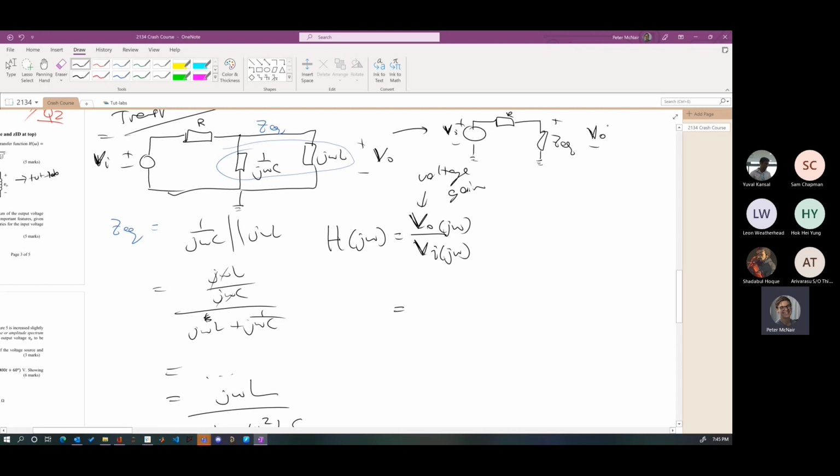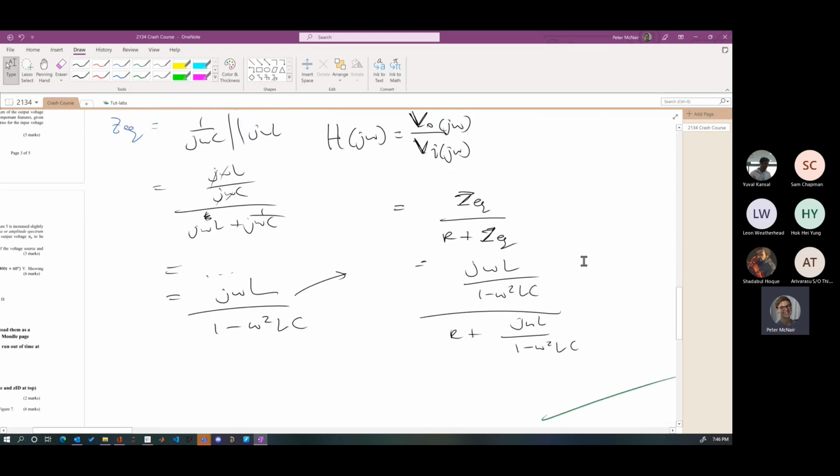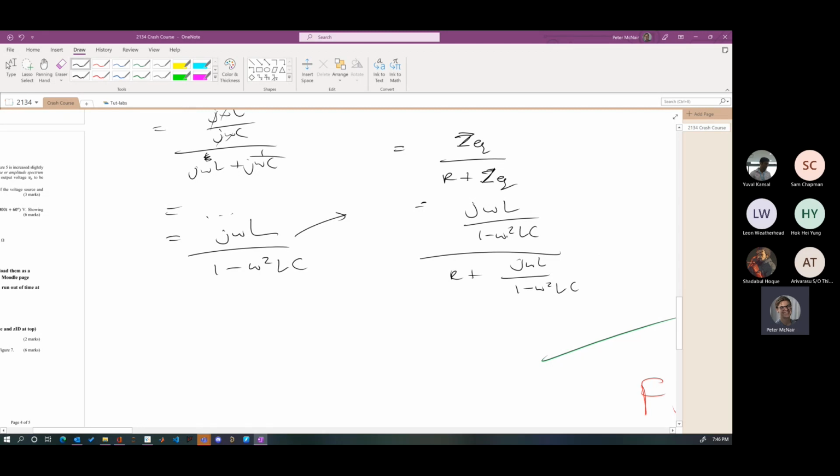So it should come out pretty nicely. So let's do the voltage divider just without writing VO. So this is Z equivalent on R plus Z equivalent, which is this thing divided by R plus this thing. This is nice having a denominator because we can essentially just cancel that denominator once we've multiplied this R by it.